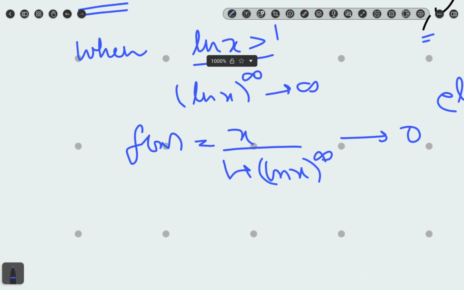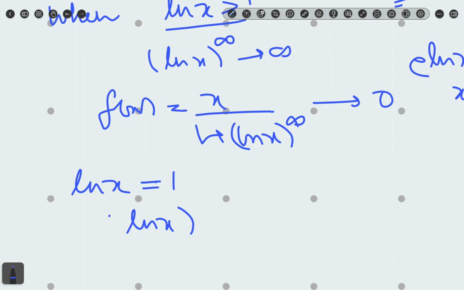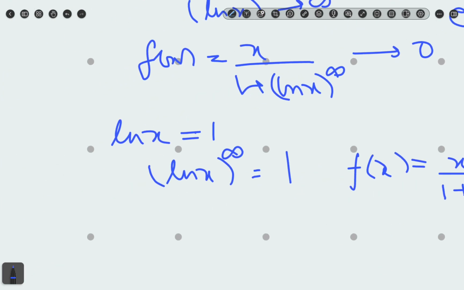Now, when ln x is exactly equal to 1, its power infinity is 1 only, right? So we can say that f(x) is equal to x upon 1 plus 1, that is x by 2.